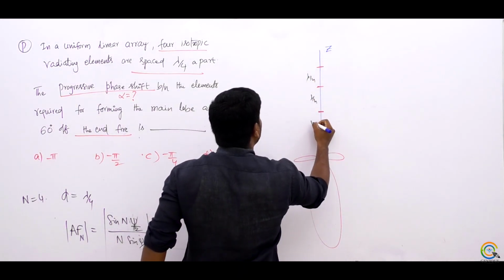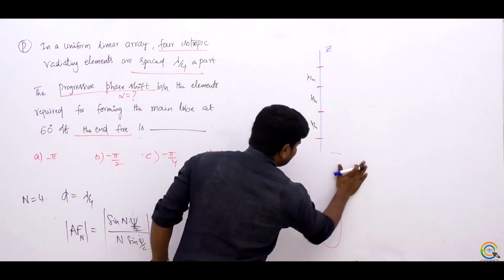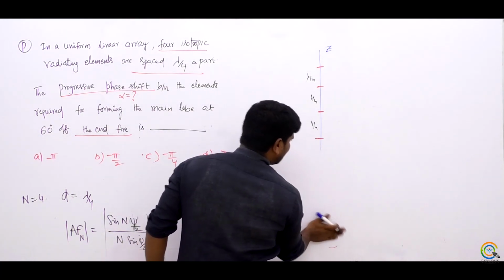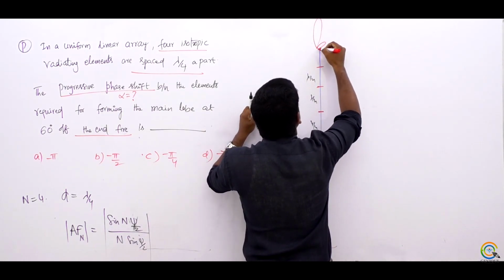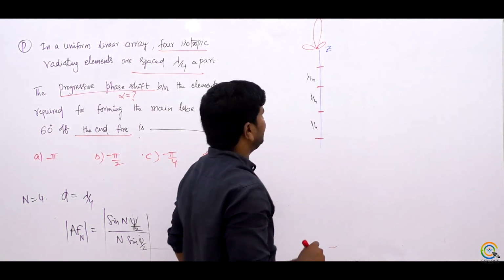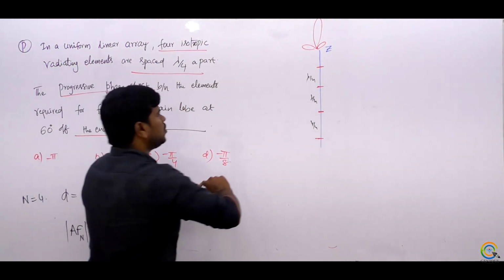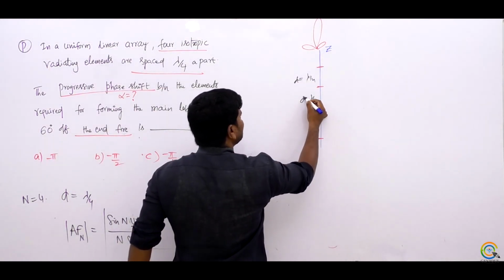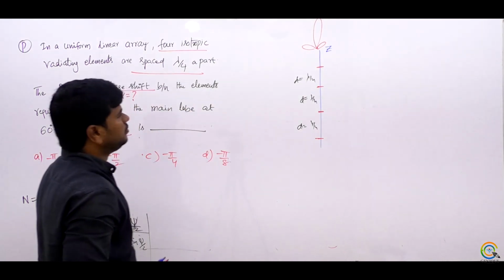It is better to write the radiation pattern in this direction, the end fire array direction. Now d is equal to lambda by 4 between each pair of elements.